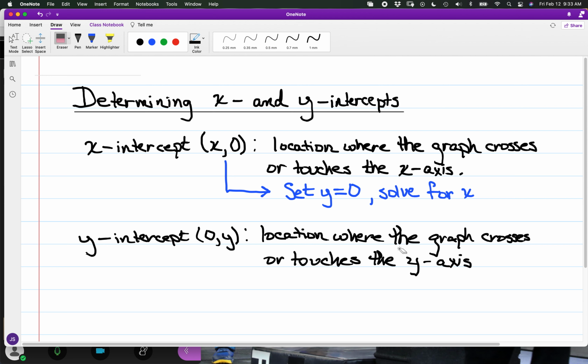And so for each y-intercept, you're looking at determining the missing y value or values. So here we're looking at setting x equal to 0 and solving for y.